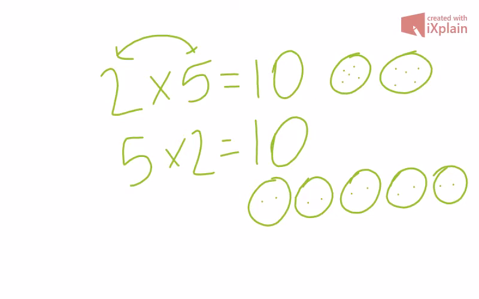Alright, so now the next one I want to show you is the associative property. Associative property is a little tricky. It talks about the way we group facts, and it also uses the 3 multiplication factors instead of 2.